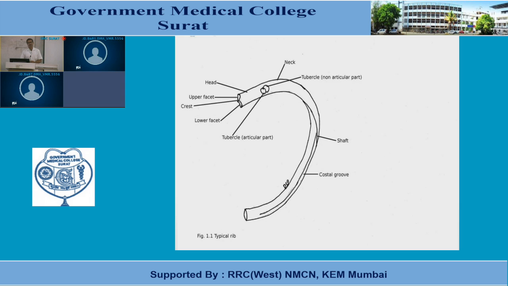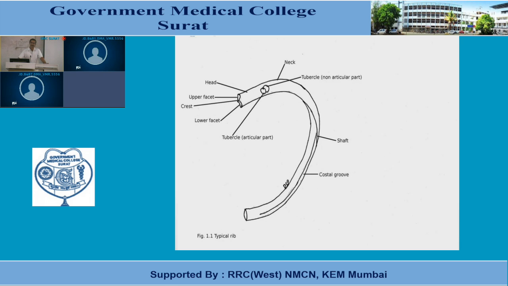Now in relation with this costal groove, the upper margin of the costal groove shows origin of the intercostalis intimus muscle for the lower intercostal space. In relation with this costal groove, there is also origin of the internal intercostal muscle, and the lower margin of this costal groove, the lower border of the rib, gives origin to the external intercostal muscle.